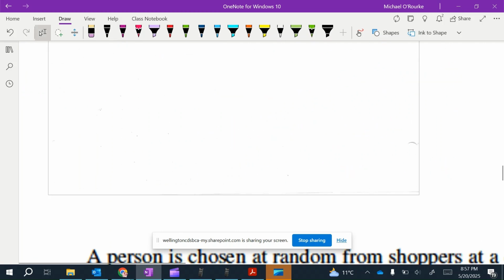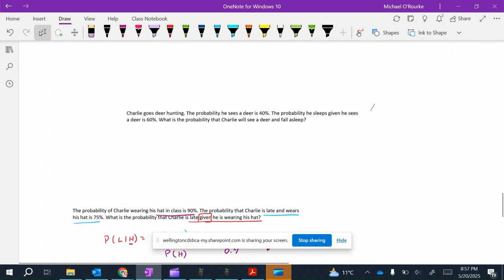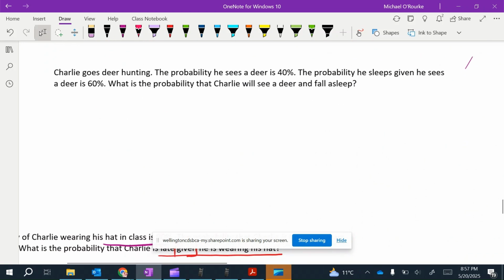Okay, let's do another one. Charlie goes hunting. The probability he sees a deer is 40%. The probability he sleeps given he sees a deer is 60%. What is the probability that Charlie will see a deer and fall asleep? So we're looking for the and word.